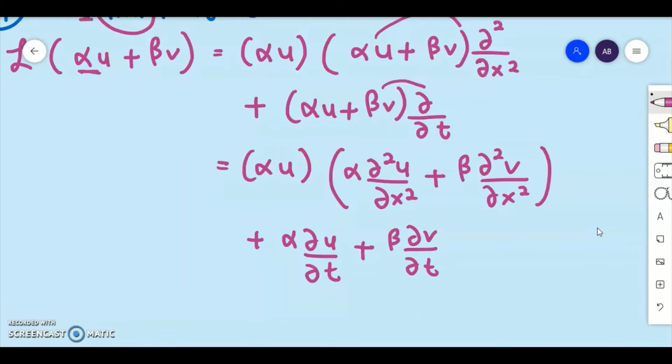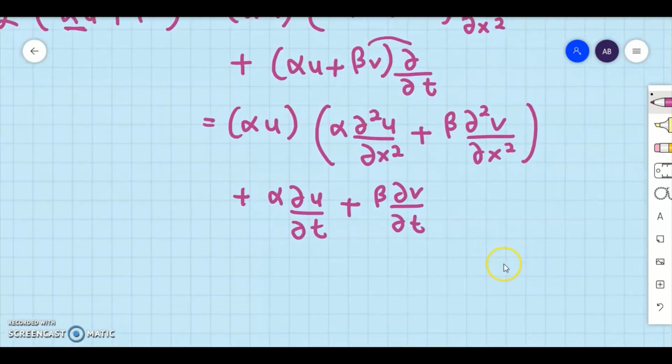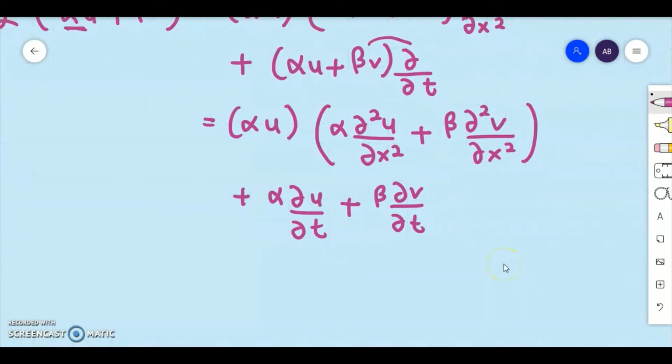Okay, there is no way I can write this operator term so that I can collect the common term. Even if I do, I will end up with this.